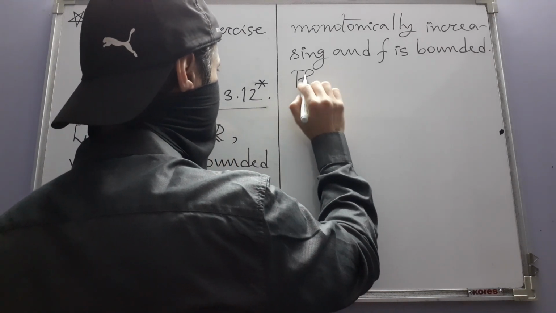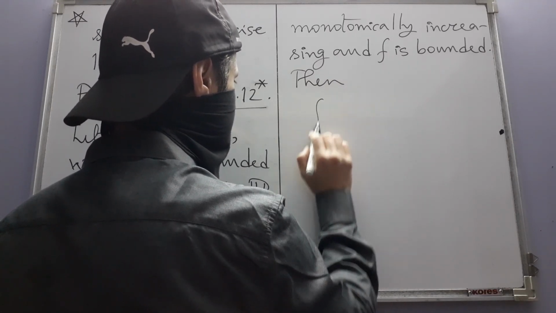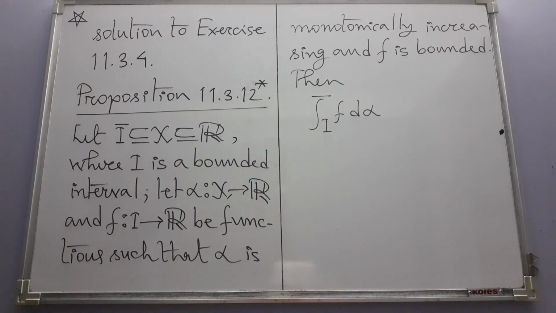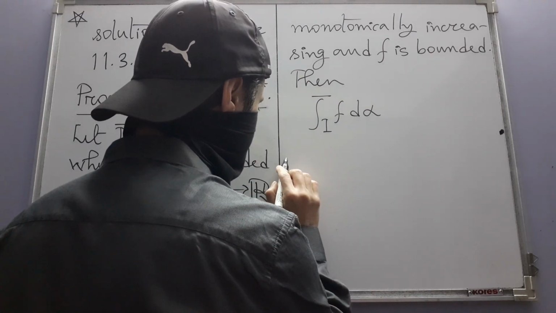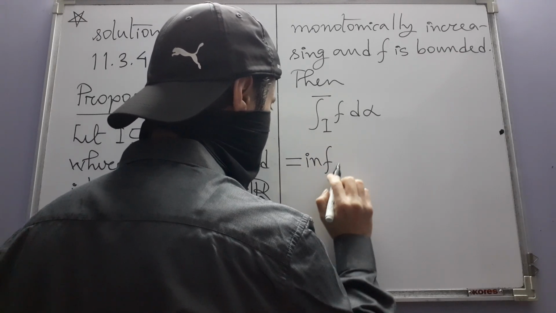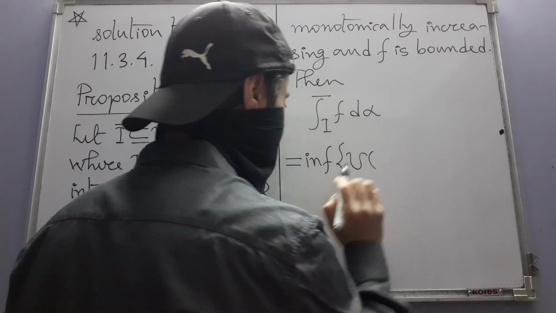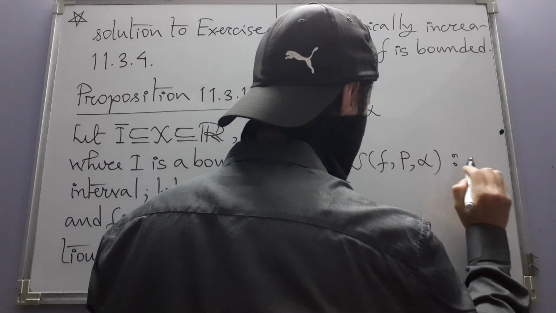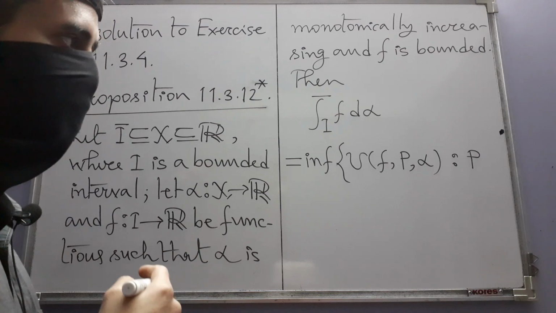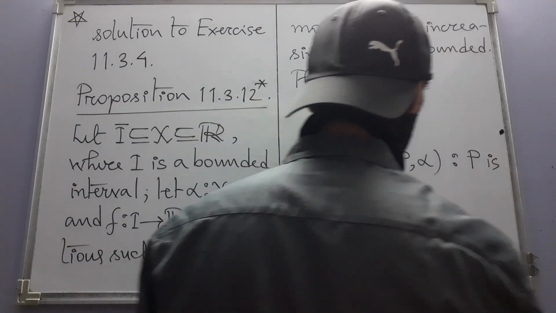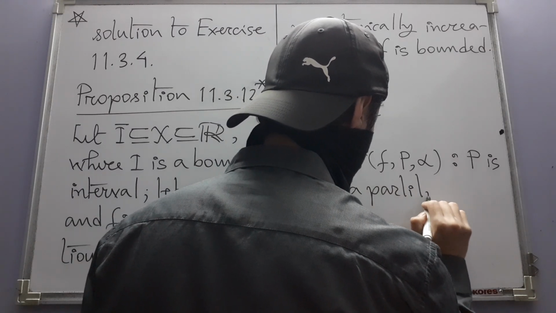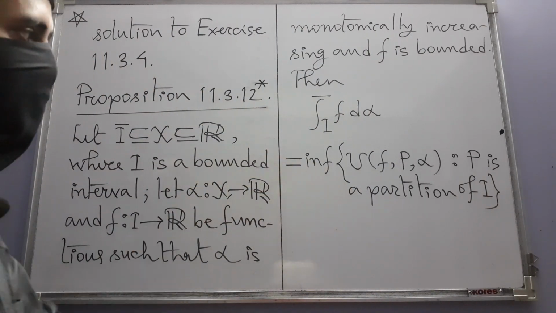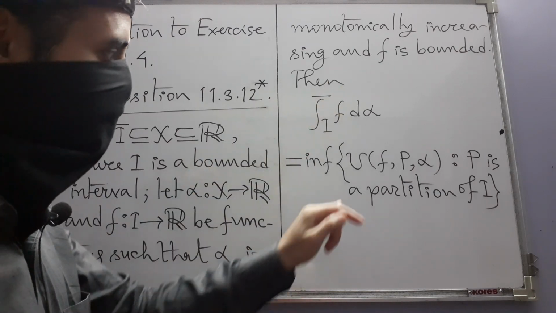Then the upper Riemann-Stieltjes integral of f with respect to alpha over I is equal to the infimum of the set of all these upper Riemann-Stieltjes sums as P varies over the possible partitions of I. The corresponding statement for the ordinary Riemann integral involves the ordinary upper integral and ordinary upper sum.